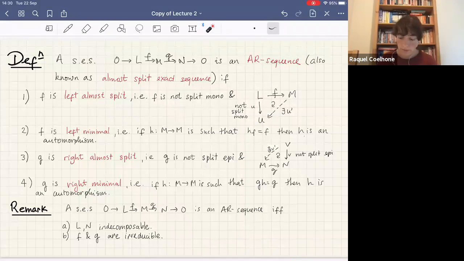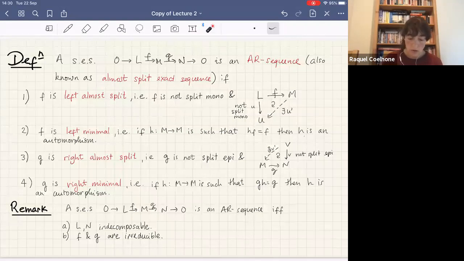We need this assumption here because if f was split mono, and if this factorization was true, then we could actually find a left inverse for f. Okay, so we want that to happen, and we also want f to be left minimal, meaning that if we have an endomorphism h of M such that hf equals f, then h is an automorphism.